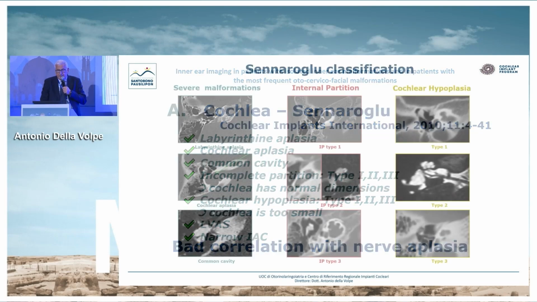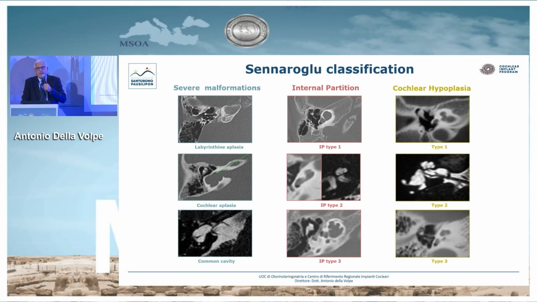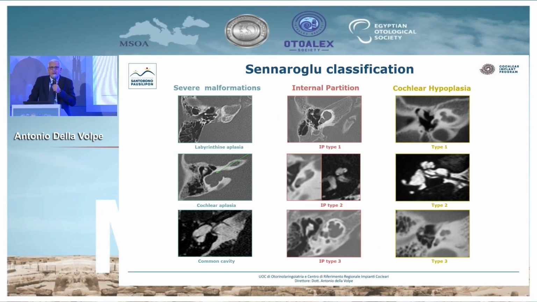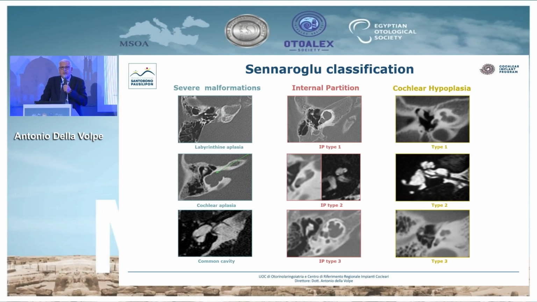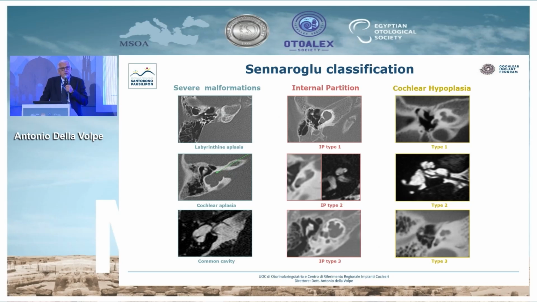To plan the management of the surgery in malformation, we start with a very important planning of the imaging. The imaging with CT scan and MRI is important to evaluate the kind of malformation, the type of electrode you can use, and the possible complications during the surgery.